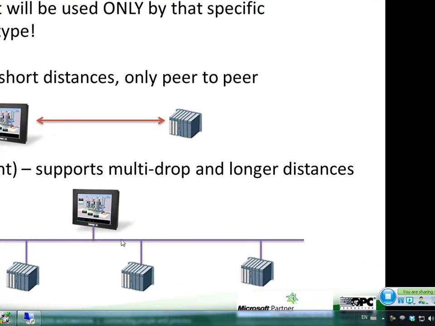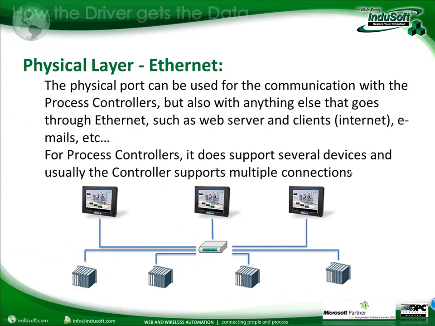You're going to see that you can control the driver to disable the communication. So if you're having bad communications, you can disable that to see what's going on, and once you figure that out, you can re-enable the communication with that specific device.